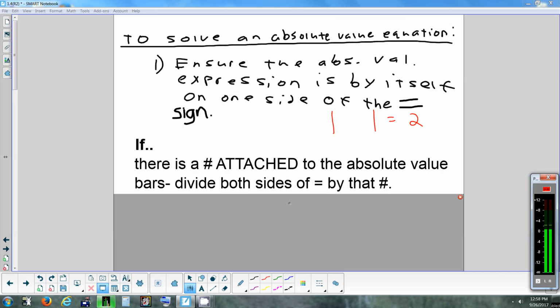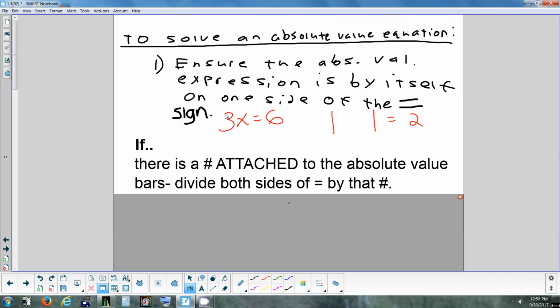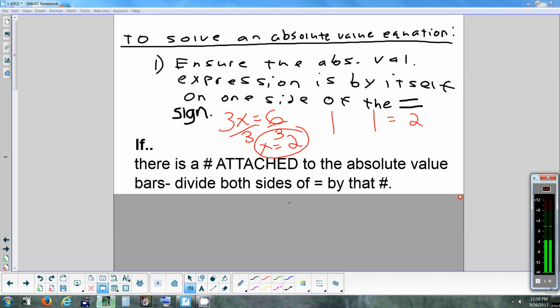Just like if we had 3x equals 6, we would divide by 3, and that would get x by itself. Same thing here. We can think of the absolute value as one big variable, and to be able to solve, the bars have to be by themselves.